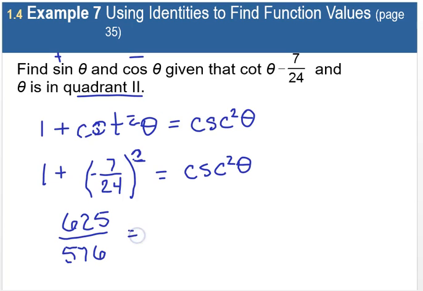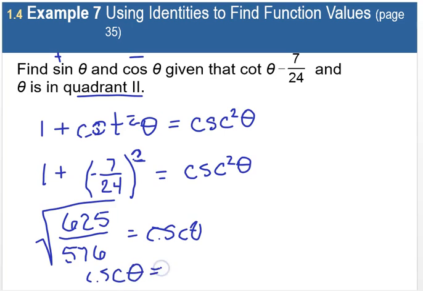So I'm going to go ahead and say cosecant of theta is the square root of that. And remember, cosecant's positive because sine is positive. Cosecant here is going to equal 25 over 24.